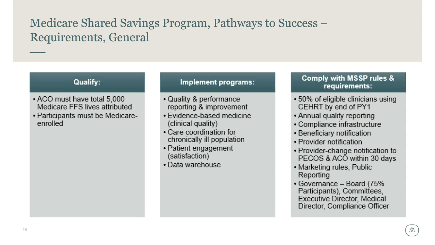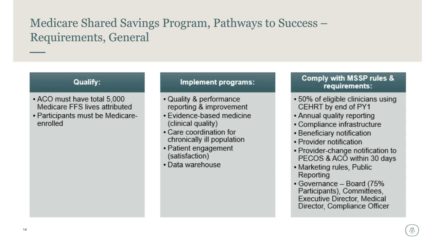What is really nice is that the programs are flexible. Medicare is saying you need to have quality and performance reporting and improvement programs, evidence-based medicine, care coordination for your chronically ill, patient engagement, and a data warehouse, and reporting out to your providers. But they don't dictate exactly how you have to do that.